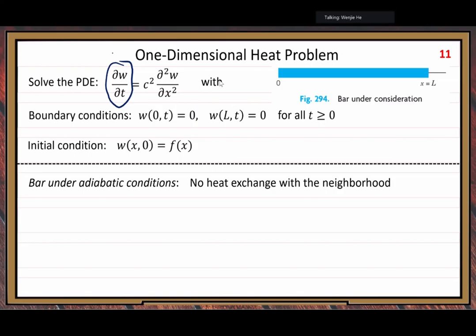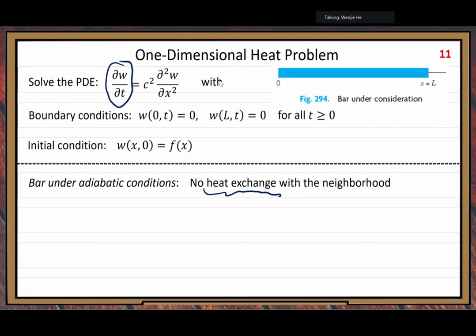But how do you describe this heat exchange with the neighborhood? Heat exchange occurs between the outside environment and the inside, depending on temperature, and that kind of exchange is related to the derivative.